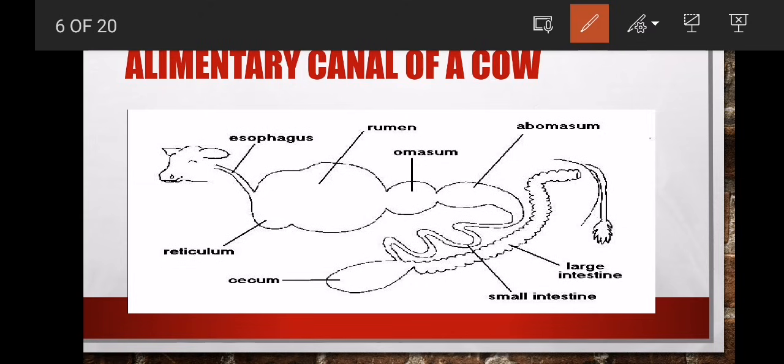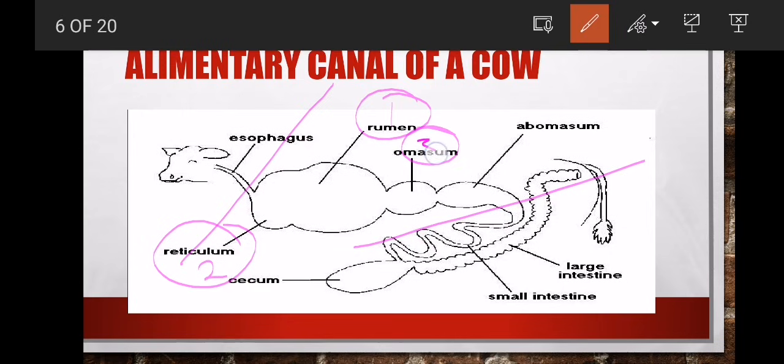If you look at this one, here we have 4 chambers, good people. 1, we have the rumen. 2, we have the reticulum. 3, we have the omasum. 4, we have the abomasum.